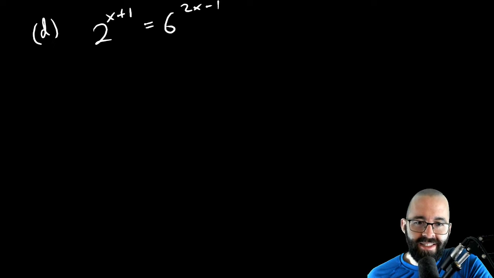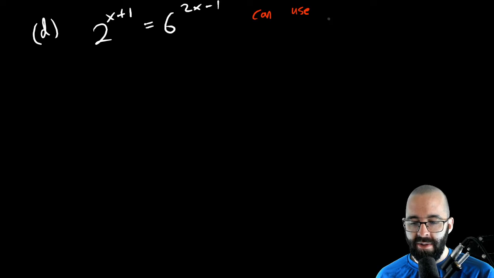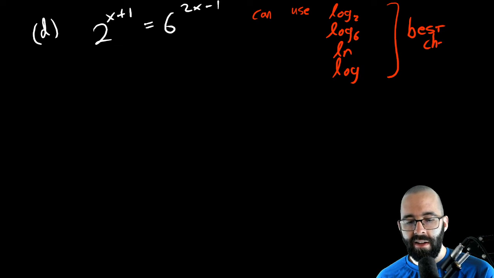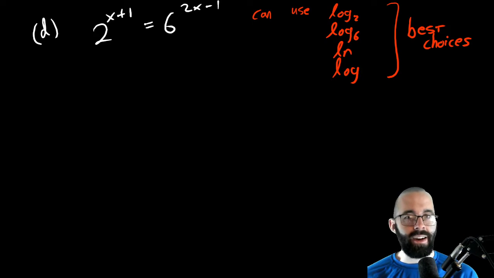Do we take log base 6 of both sides? Those are both good choices. So is the natural log. You can actually use any log. We can use log base 2, log base 6, natural log, common log. These are the best choices. And your answer will look a little different, but they're all correct.